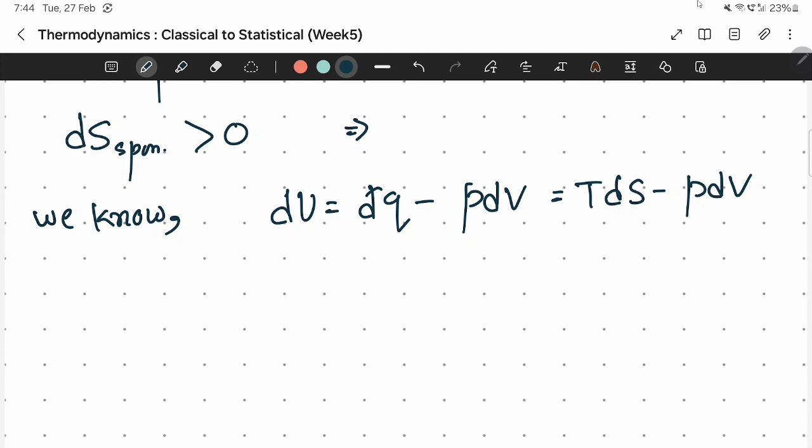But these equations are valid for reversible processes basically.